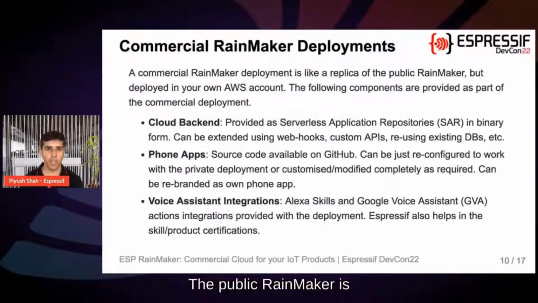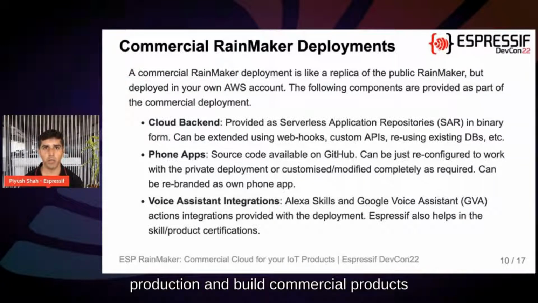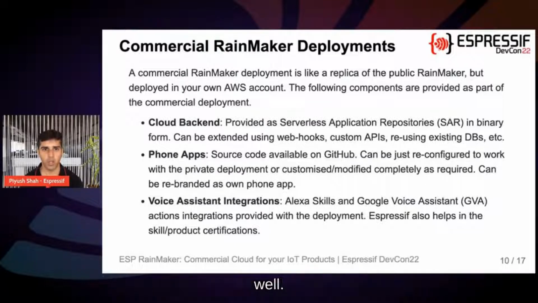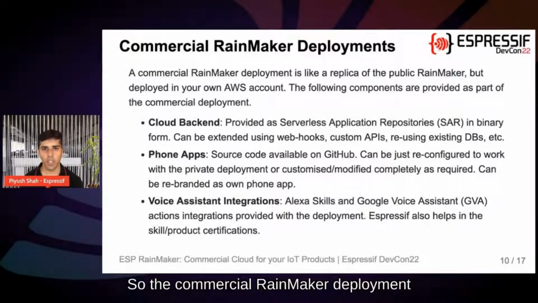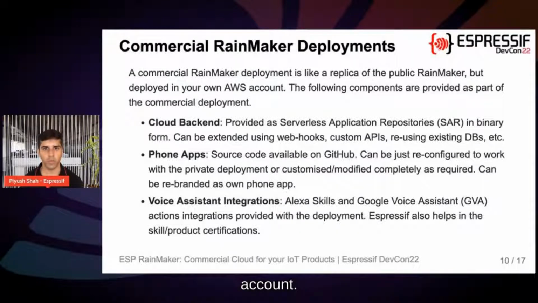So the public RainMaker is very much suitable for evaluation purposes or for hobby cases. But if someone decides to take this to production and build commercial products with that, we have a facility for that as well. The commercial RainMaker deployment is like a replica of the public RainMaker, but deployed in your own AWS account.